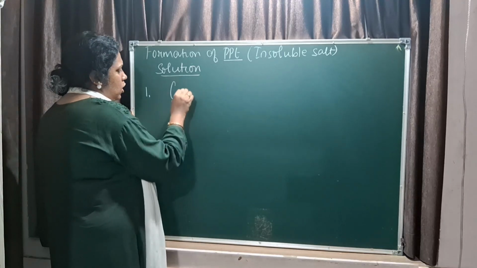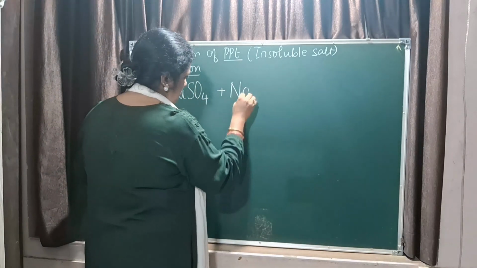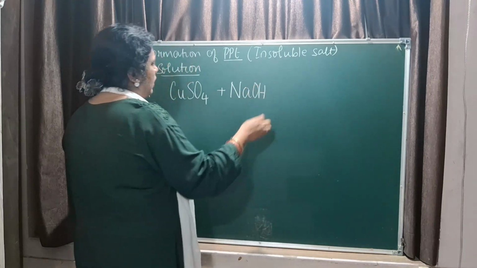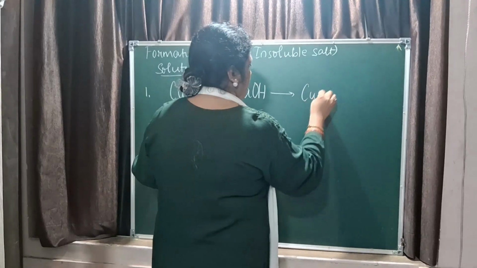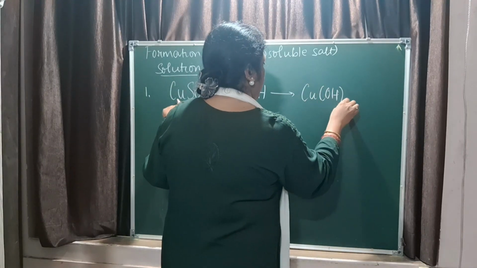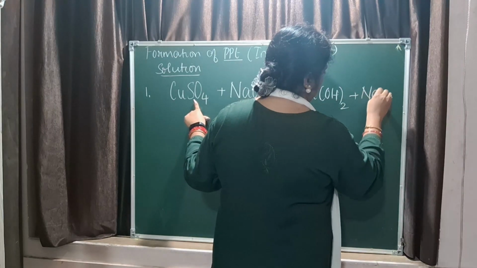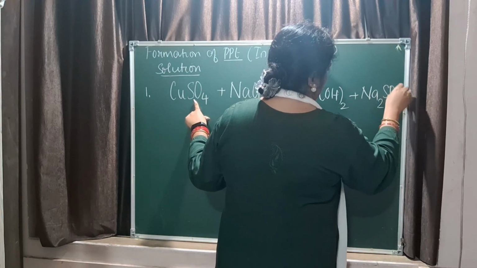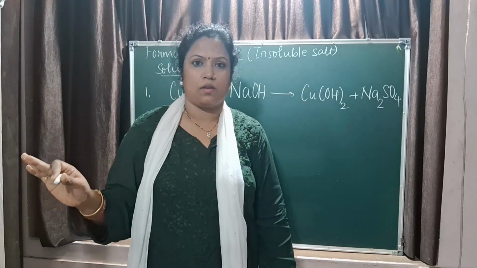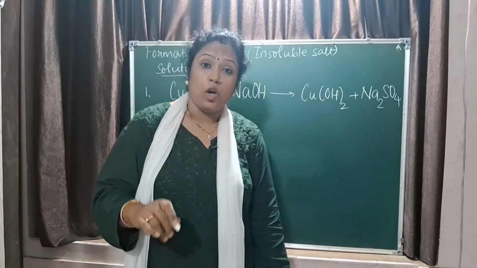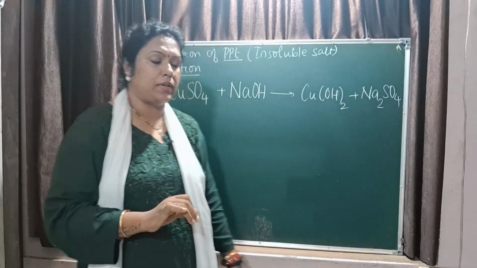Like if you take copper sulfate in NaOH, okay, you have the formation of copper hydroxide and sodium sulfate. Now always remember, sodium and potassium salts are soluble in water, so they will never form precipitates. Whatever is not a sodium and potassium salt, they will form the precipitate, right.